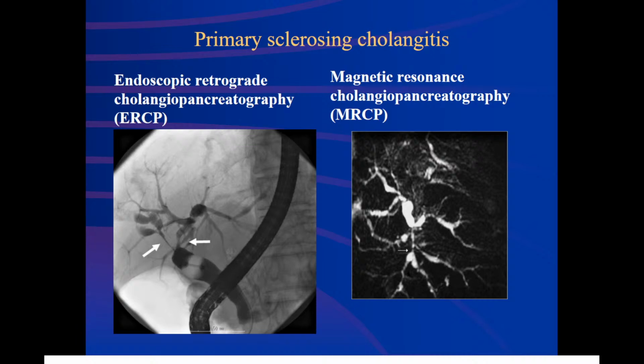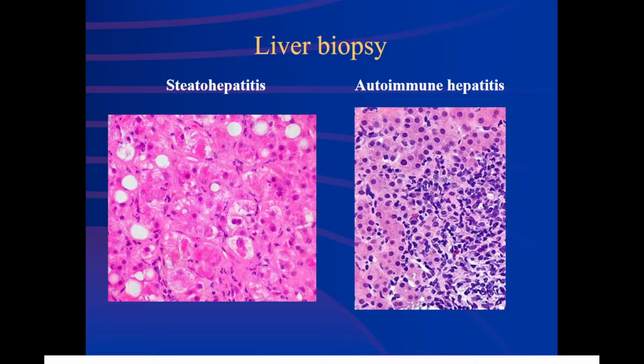In both cases, you see the same picture: narrowing of bile duct and above this narrowing, dilation of bile duct and pathological bile accumulation in the liver, which in time will lead to development of liver cirrhosis.